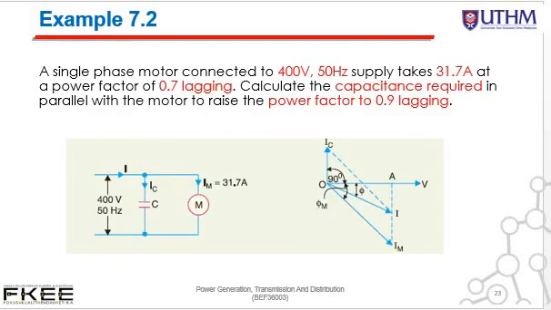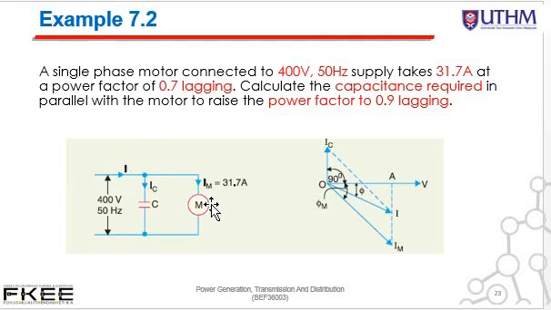Okay, next, in example 7.2, a single phase motor connected to a 400 volt 50 Hz supply takes 31.7 ampere at a power factor of 0.7 lagging. Calculate the capacitance required in parallel with the motor to raise the power factor to 0.9 lagging. So the supply voltage of the system is 400 volt with 50 Hz frequency.